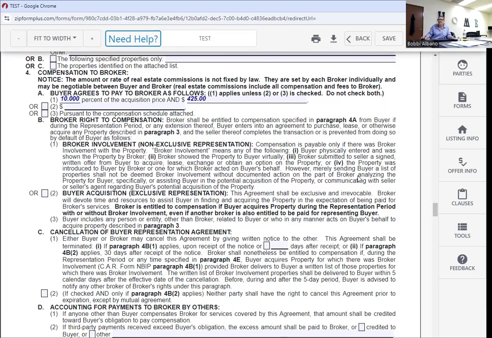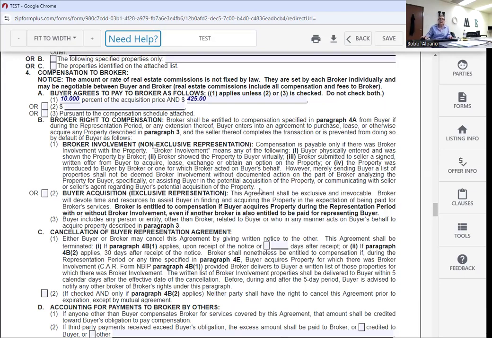However, merely sending buyer a list of properties shall not be deemed broker involvement without documented action on the part of the broker, analyzing the property for the buyer specifically, or assisting buyer in the potential acquisition of the property, or communicating with the seller or the seller's agent regarding buyer's potential acquisition of the property. I know, a lot of words.